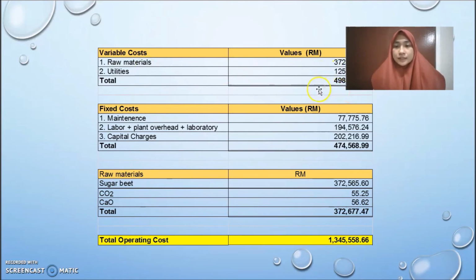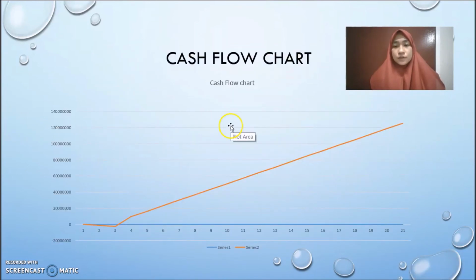So the total is here. For the fixed costs that we have to pay every year, there is maintenance, labor, plant overhead and laboratory, and also the capital charge. And the total is here.